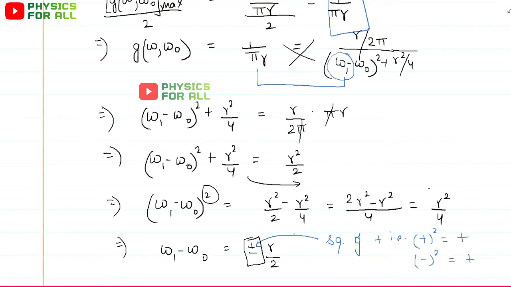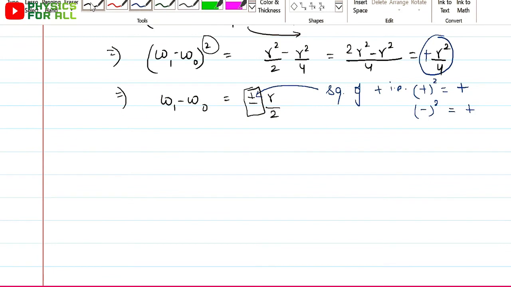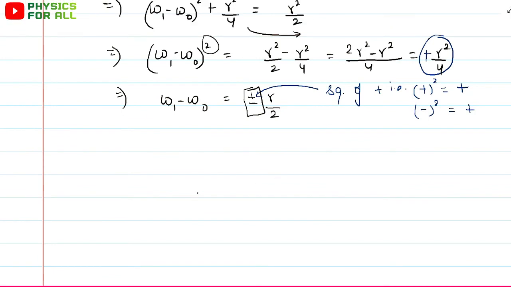That's why when we take the square root, we mention both, because the quantity could be either positive or negative, because on squaring we get positive. Now we are about to get the value for omega 1.